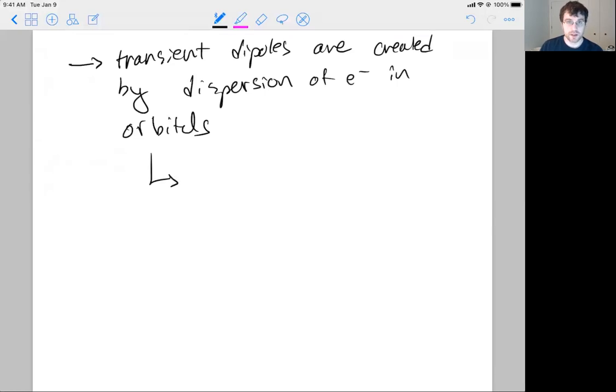And so this leads to an attractive interaction. And that's where London dispersion forces come from. It's an attractive force or an attractive interaction caused by the dispersion of electrons just as a result of existing in molecular orbitals. And so this is going to raise the boiling point.